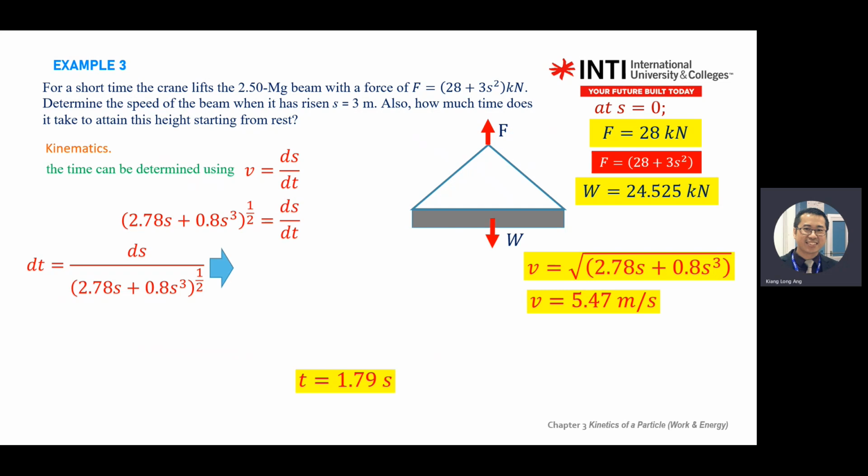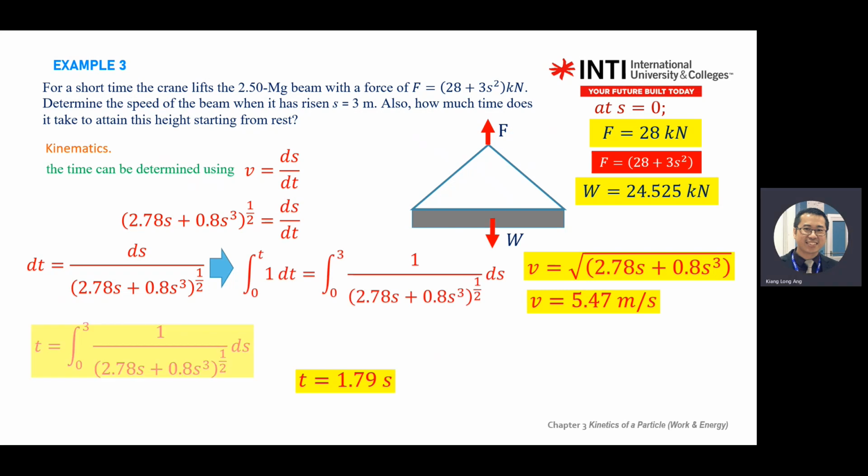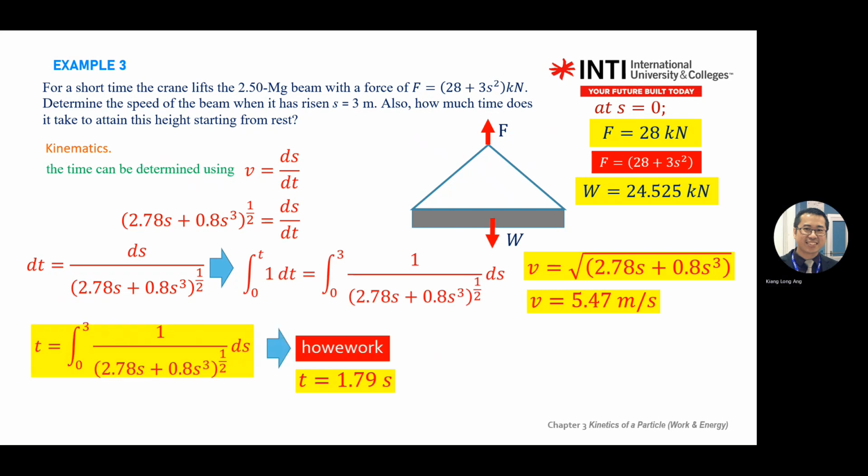You move t to the left-hand side, move dt down, and go through the integration procedure. You rearrange the equation and you get the time. Okay, I will not go into this one. So the reference answer for you: time is 1.79 seconds.